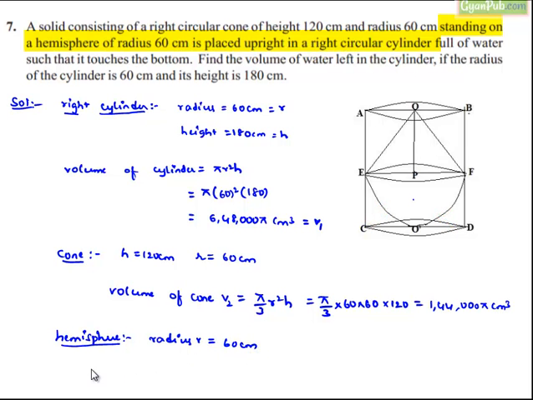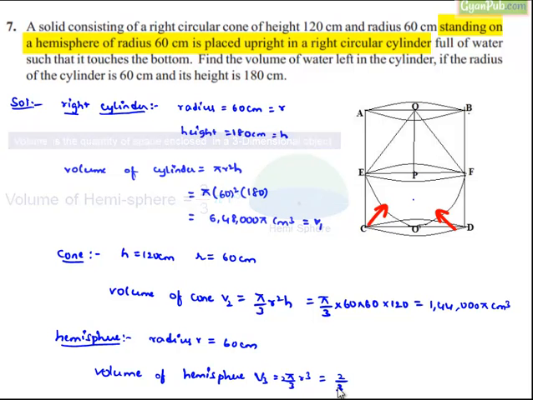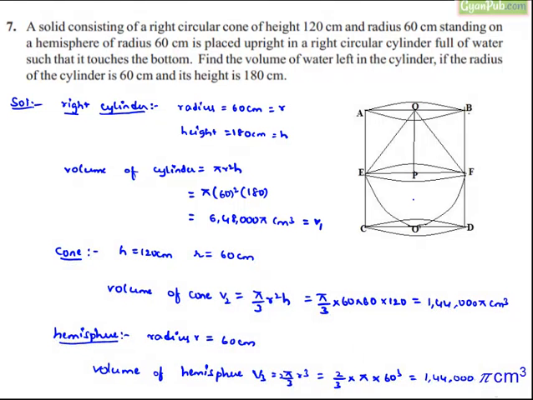Therefore now the volume of hemisphere V3 is equal to 2 pi by 3 r cube, which is equal to 2 by 3 into pi times 60 cube, which is equal to 1,44,000 pi centimeter cube.